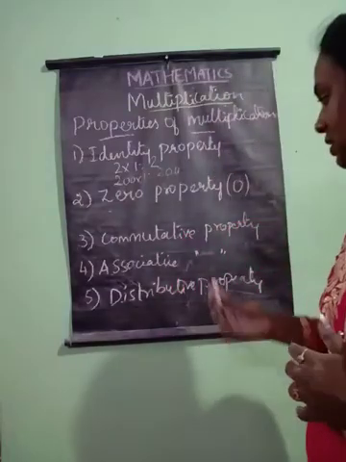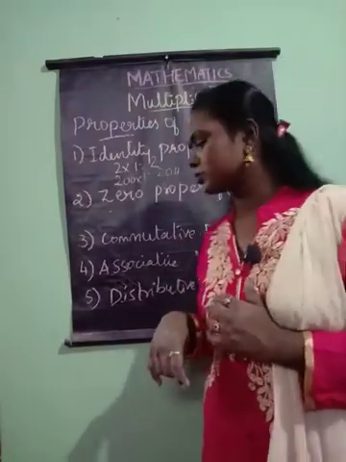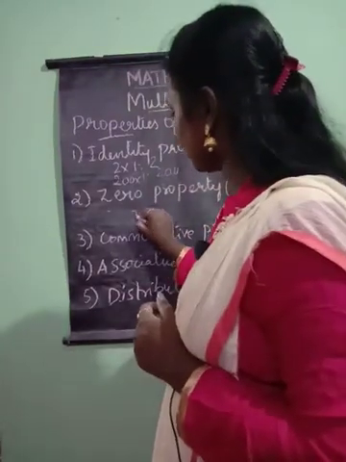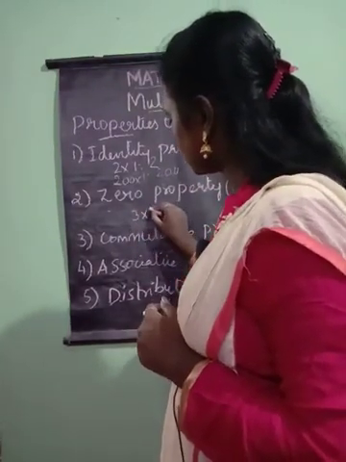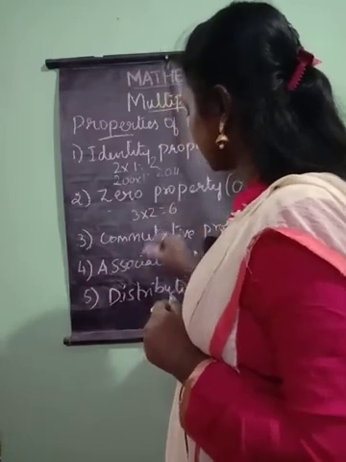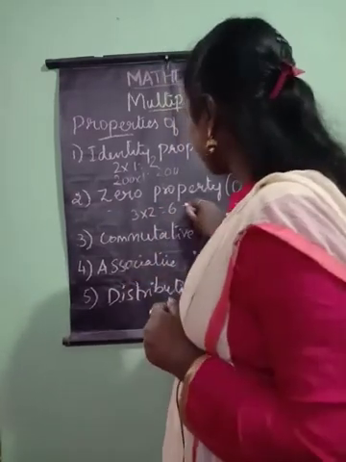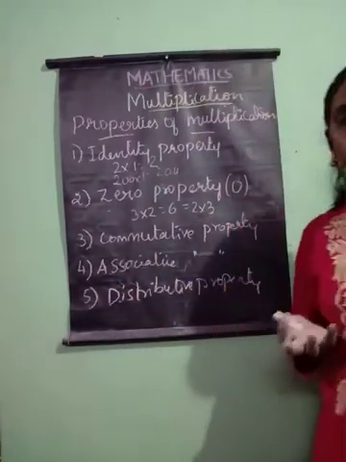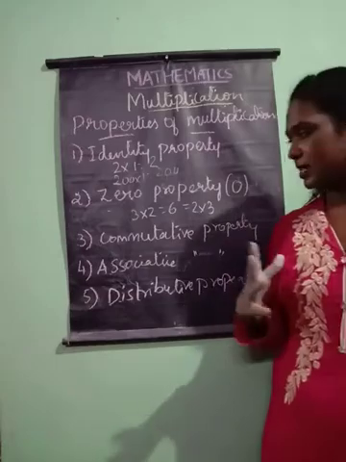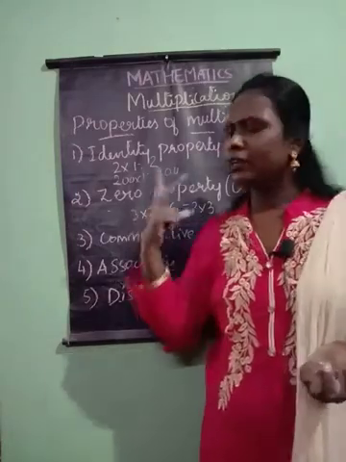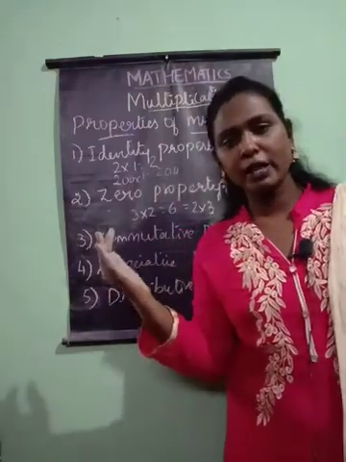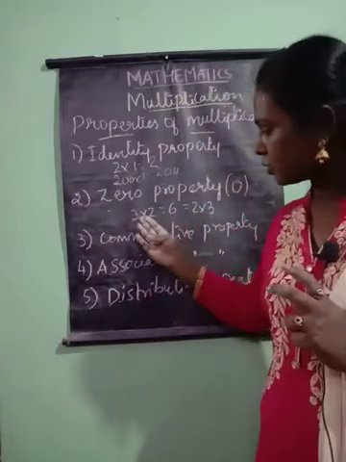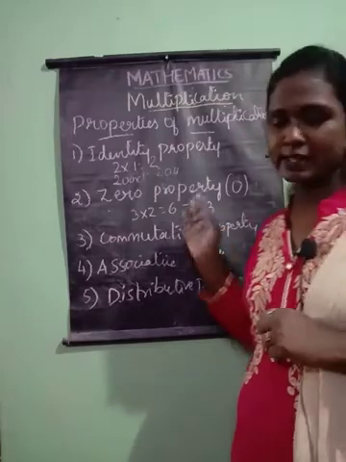Okay? Yes. Commutative property. The commutative property explains to us, see, 3 2s are 6, right? If I write 2 3s, how much is it? It is also 6. So if you take any two numbers, big or small, and write them in one order, you will get some answer.